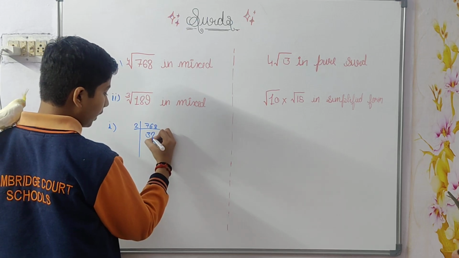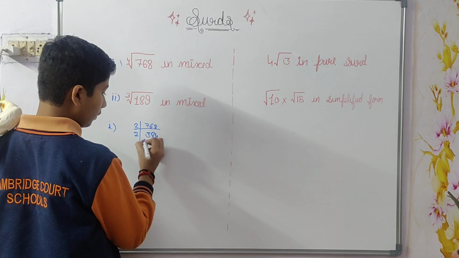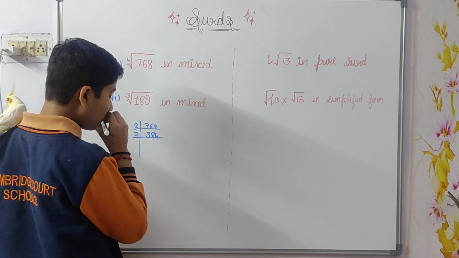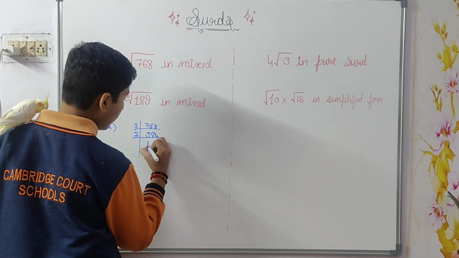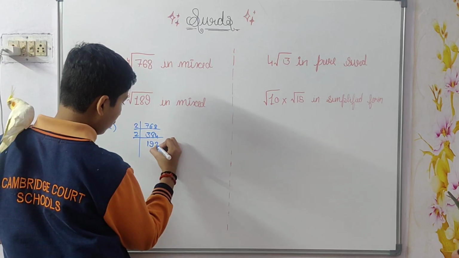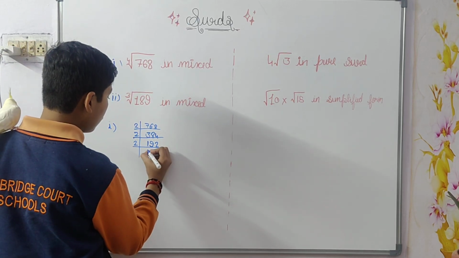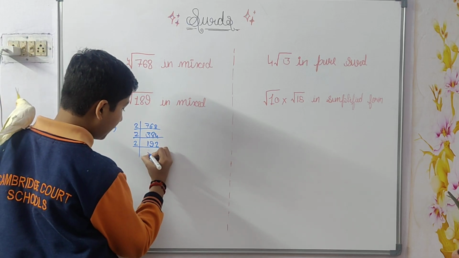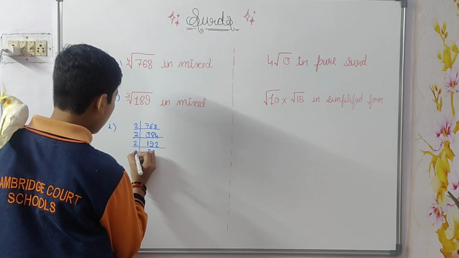Now 2 fours are 8, and 4, again 2. Now 2 is again common over here, 2 ones are 2. Now 2 nines are 18, and 2, 192. 2 again, 2 nines are 18, 1 left, 2 sixes are 12, 96.